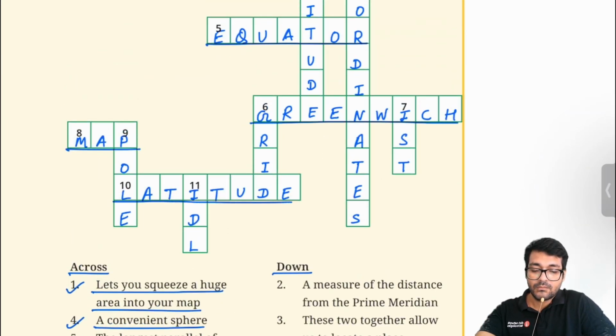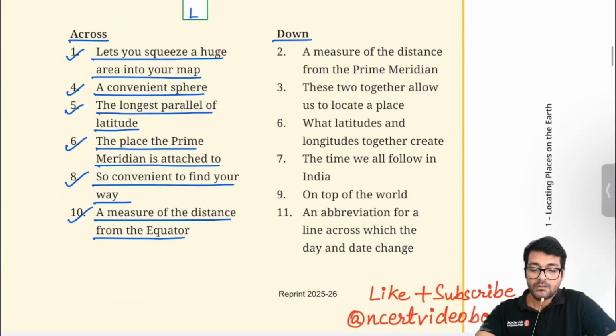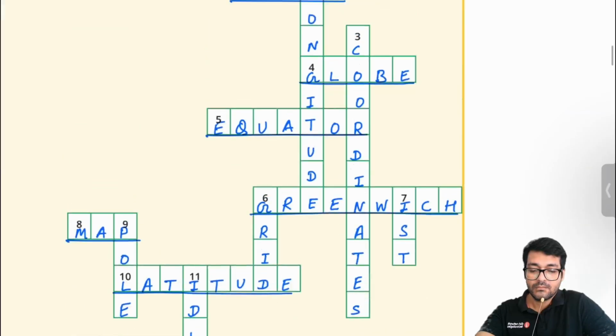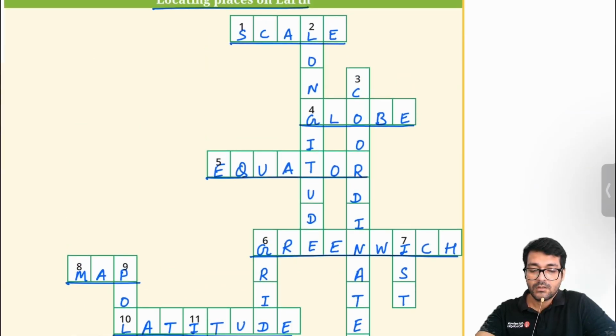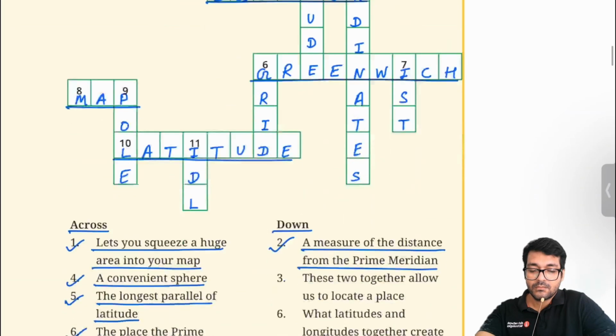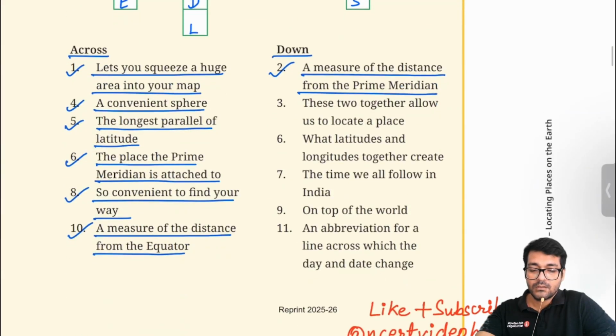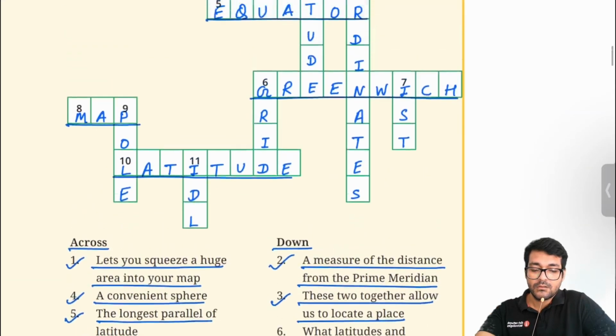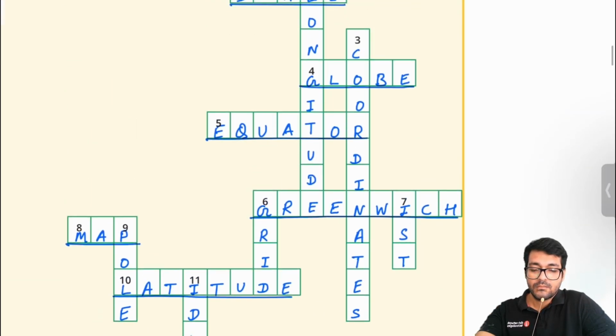Latitude. 2. A measure of the distance from the prime meridian. Longitude. 3. These two together allow us to locate a place. Coordinates.